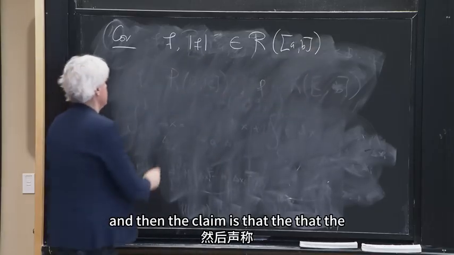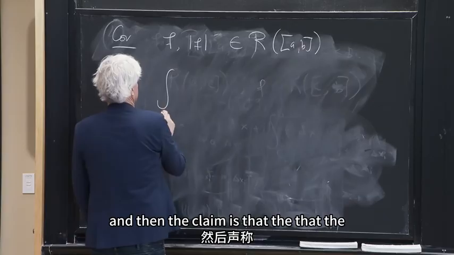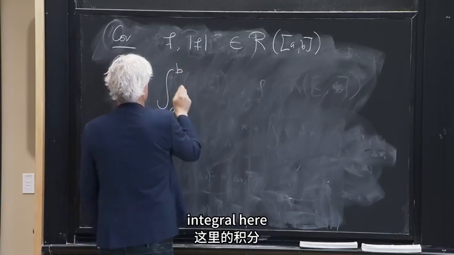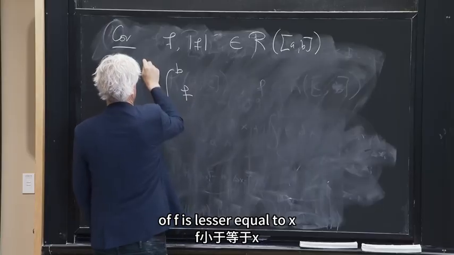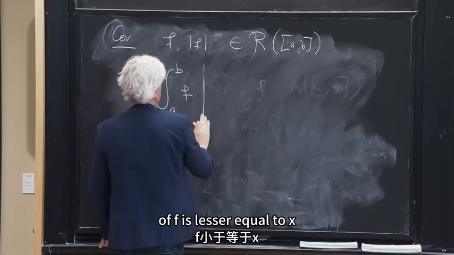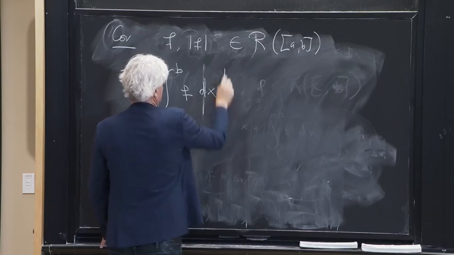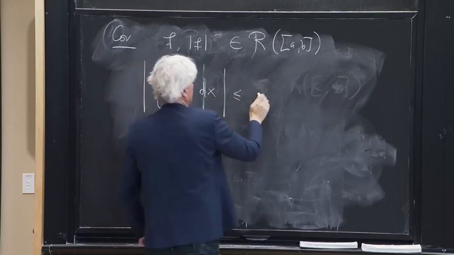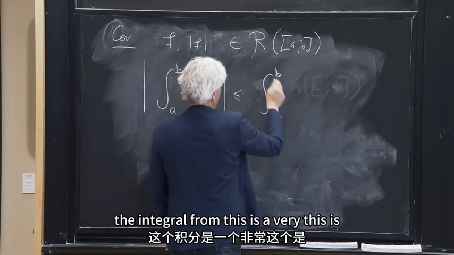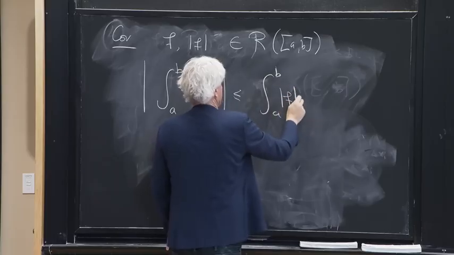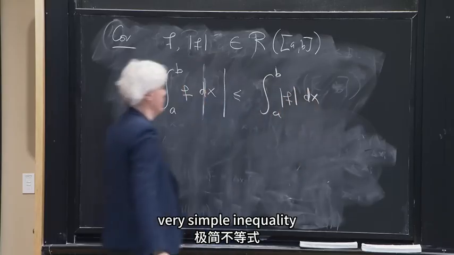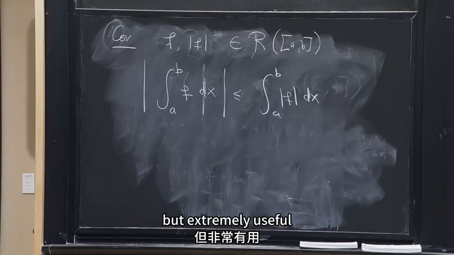And then the claim is that the absolute value of the integral of f dx is less or equal to the integral from a to b of the absolute value of f. This is a very simple inequality, but extremely useful.